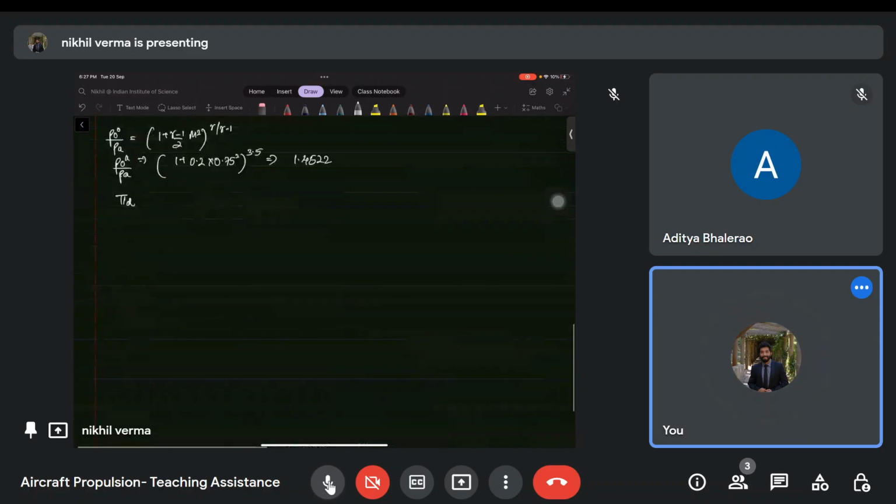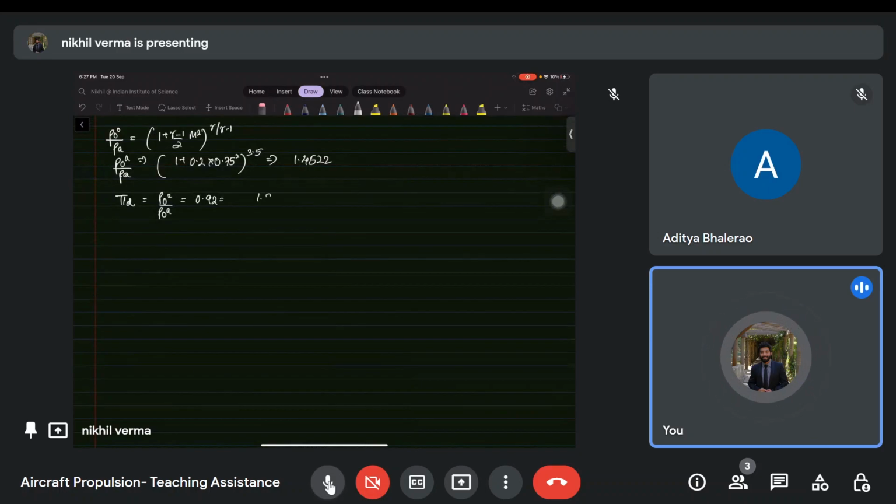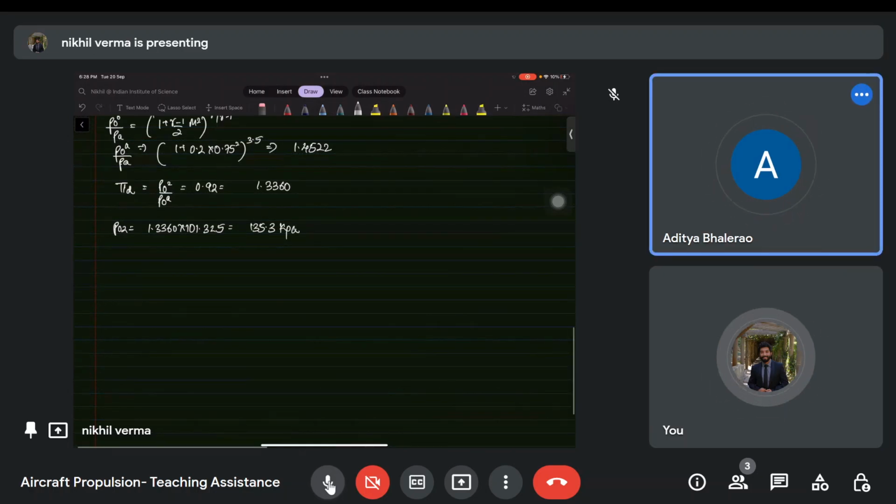If you substitute, pi d is P naught 2 by P naught a, which is 0.92, which comes out to be 1.3360. So P naught 2 is 1.3360 into 101.325, which gives you 135.3 kilopascal. So that is the pressure after the diffuser, right?